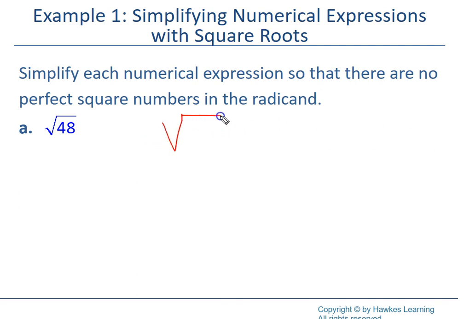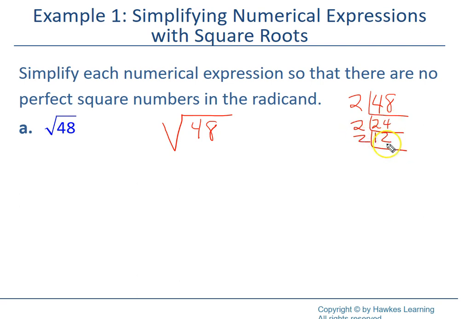So we have the square root of 48. Now, we don't see a perfect square factor there right away. So what do we do? Well, a technique that you may or may not remember is to find the prime factorizations of this. Since this is even, we know a 2 will go into there, and we get 24. This is even, so a 2 will go into there, and we get 12.